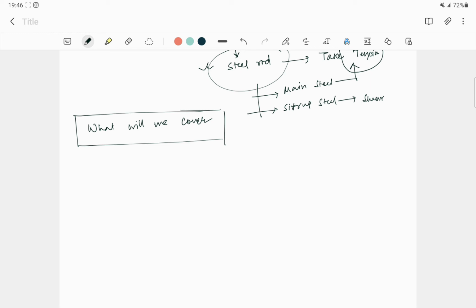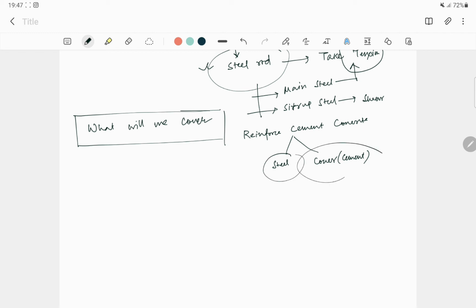RCC is reinforced cement concrete. Basically, it's a combination of steel and concrete. What type of concrete? It's cement concrete, not lime concrete. But why steel, why concrete, everything I will explain in the next video.